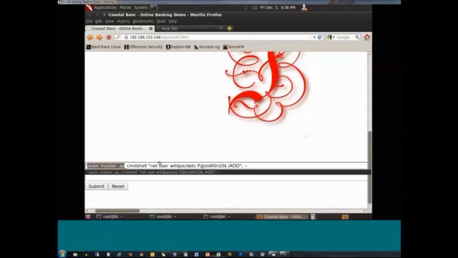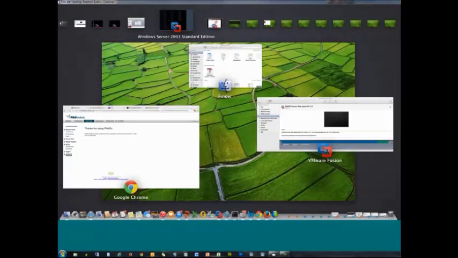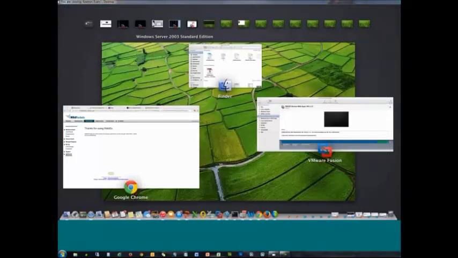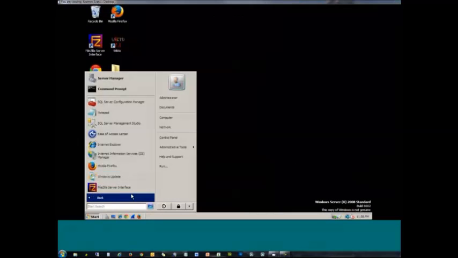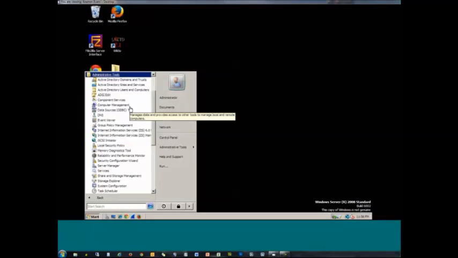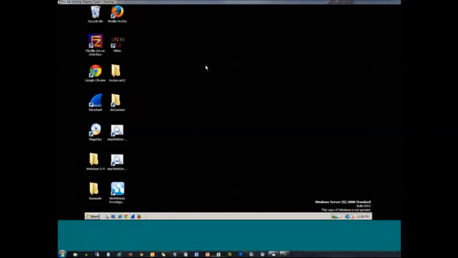So if we go check that server now, we can validate that there's no user that exists in Active Directory on the server named WildPackets. So not there. All right, that's all the Active Directory users.